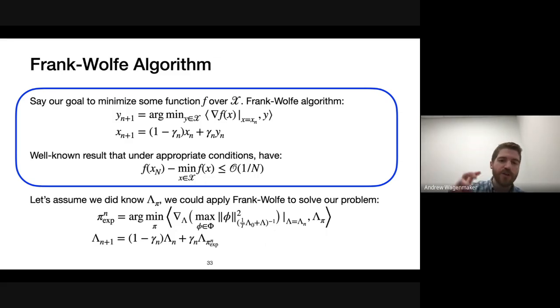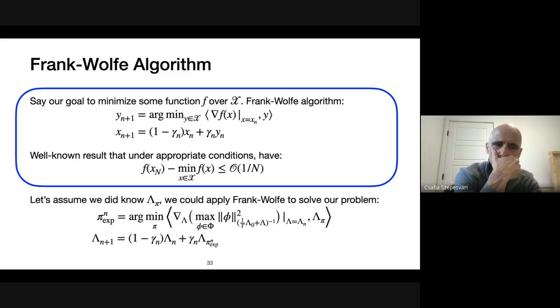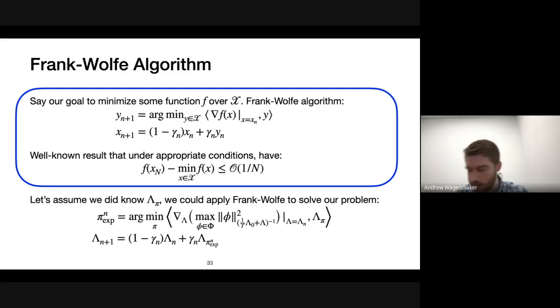You can equivalently write this as an optimization over policies or covariance matrices. In the paper I wrote it as covariance matrices because of what you're saying. Otherwise you're jumping between spaces, which is a bit weird, but conceptually it's doing the same thing.